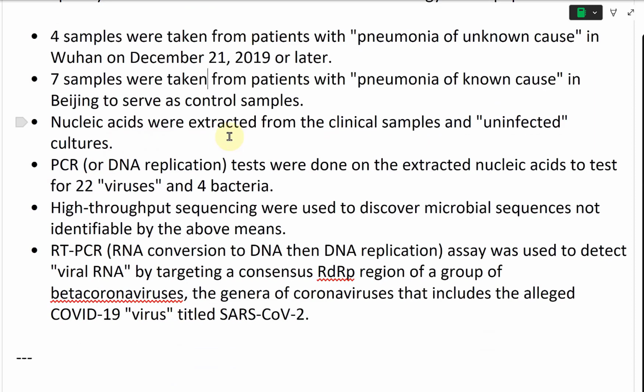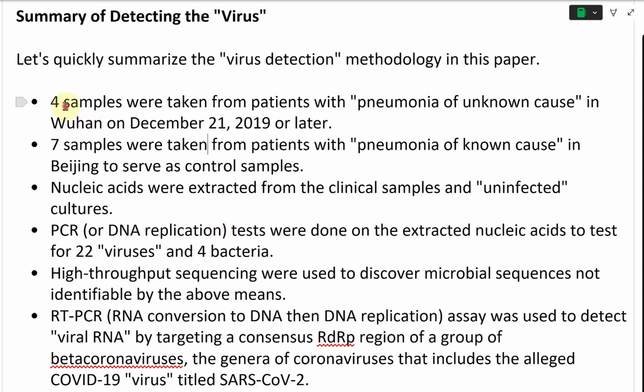And nucleic acids were extracted from the clinical samples and uninfected cultures. PCR or DNA replication tests were done on the extracted nucleic acids to test for 22 viruses and 4 bacteria.